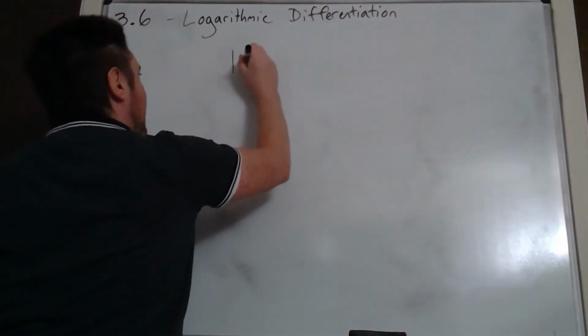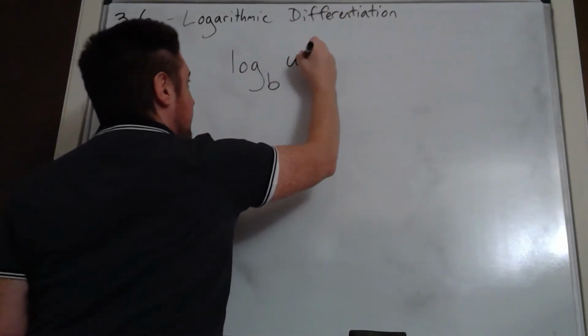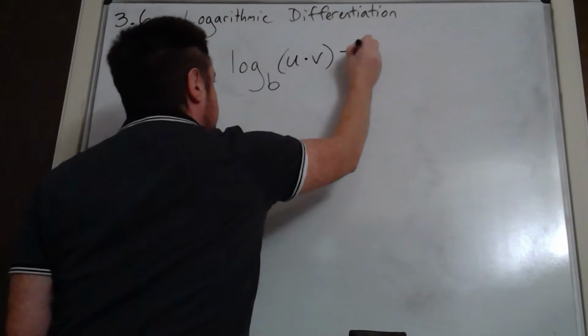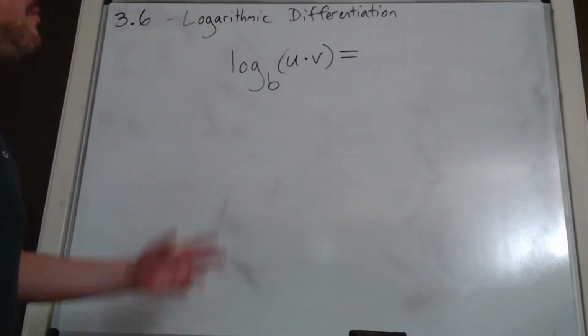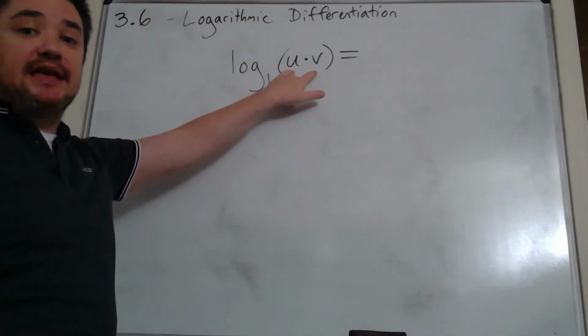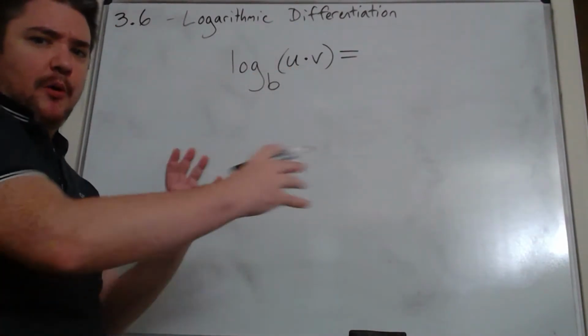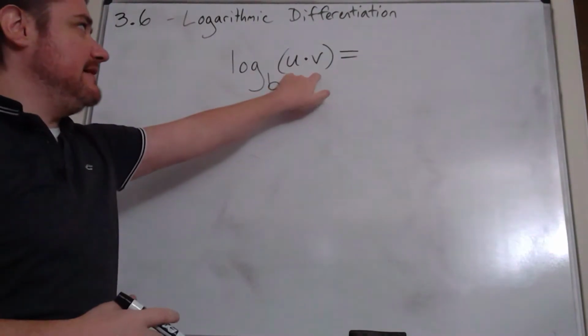So if I'm taking the log of a product, let's say log base b of some product u times v, then what I can do is split that up. This is one log, but maybe it's of something complicated. So maybe I want to shrink the argument or the input of my log.